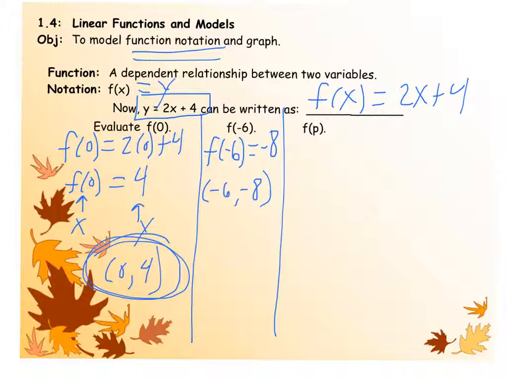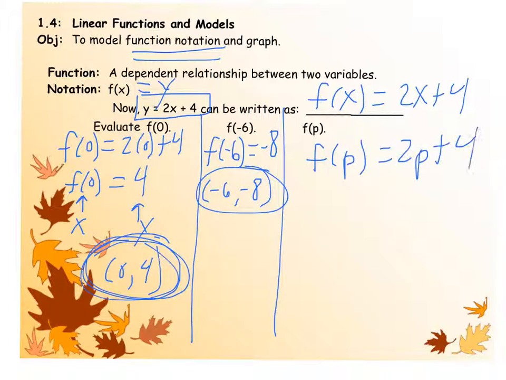And if we thought about this from a graphical perspective, you would see that this line goes through that coordinate point and the point 0, 4. Over here, just to illustrate this point, you could evaluate a variable. If I plugged in p for x, then my expression would say 2 times p plus 4. And because that's a variable, not a constant, I could not simplify that anymore.